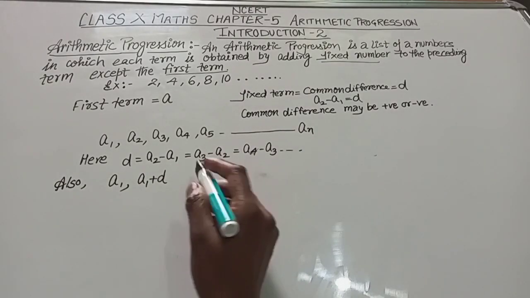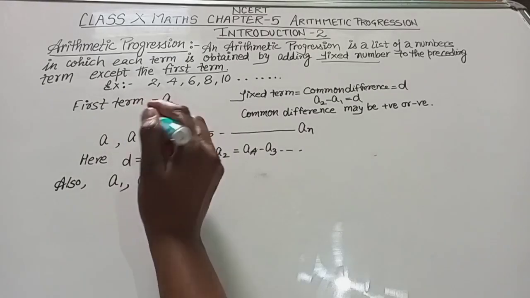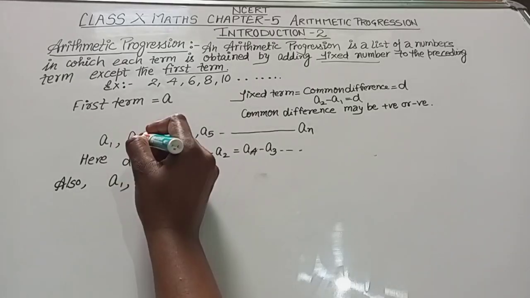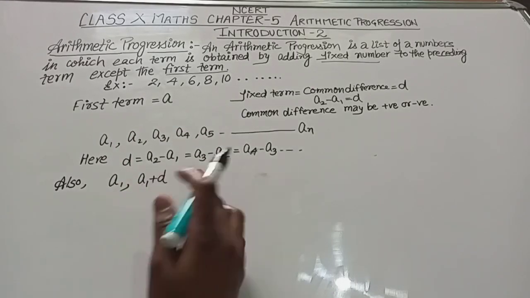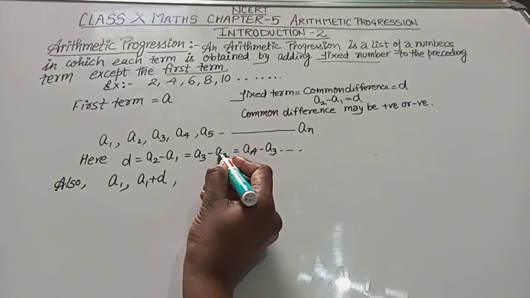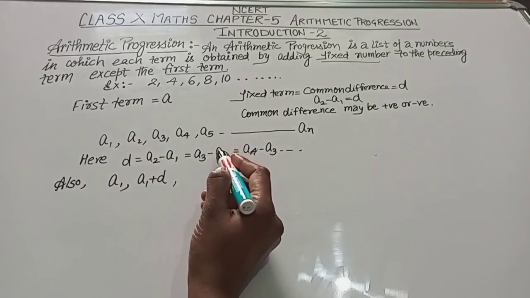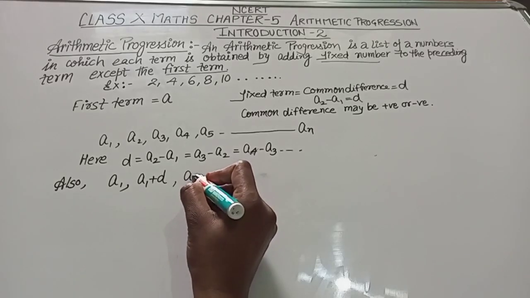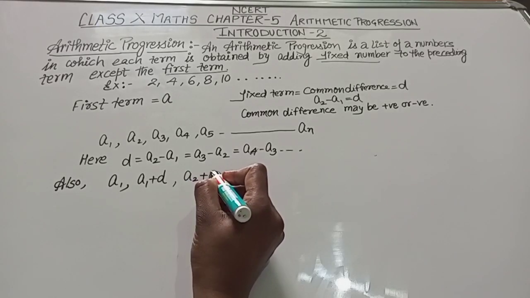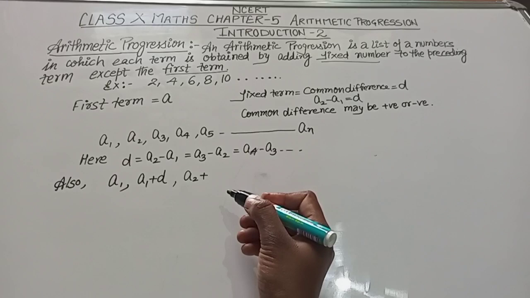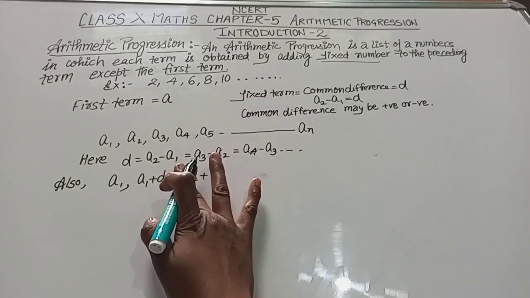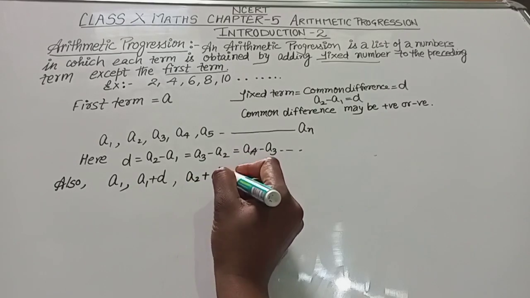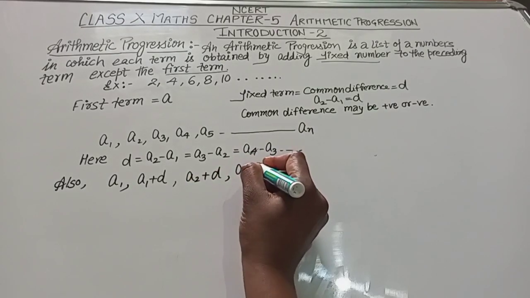So this is A1, this is A2, this is A3. Then A3 is A2 plus D, A4 is A3 plus D, and so on.